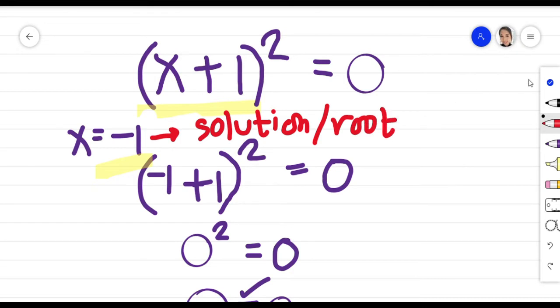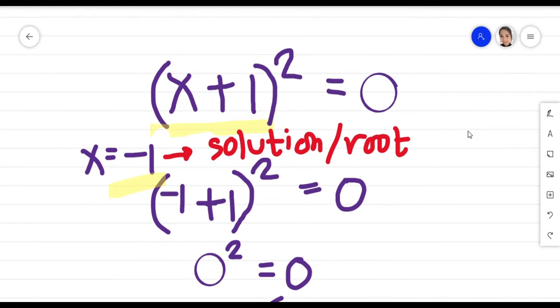Now, can you think of any possible solution other than -1 for this quadratic equation? Now, if we replace x with 1, 1 plus 1 is 2. And if we raise it to a power of 2, 2 squared is 4, and it's not equal to 0.